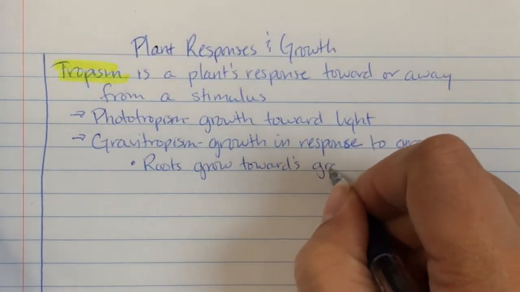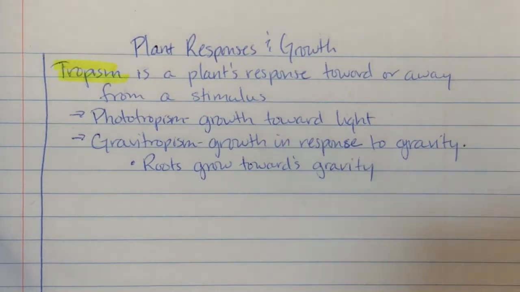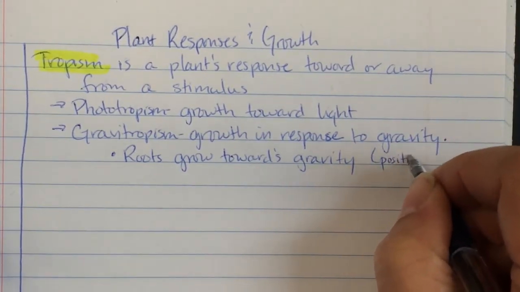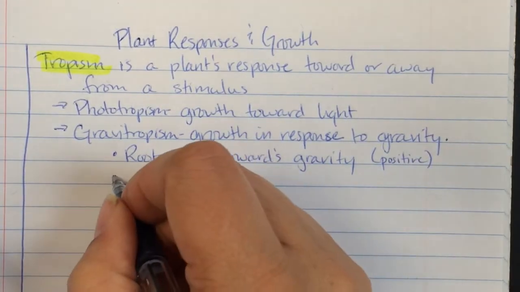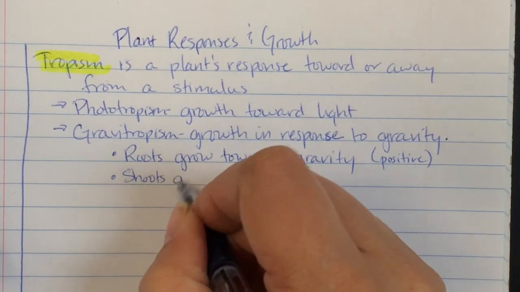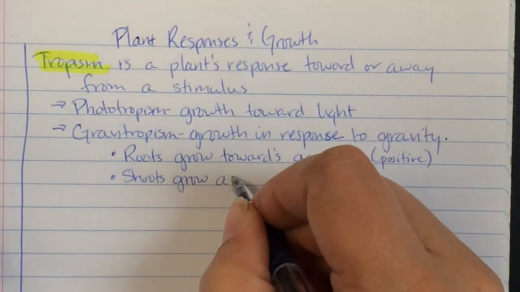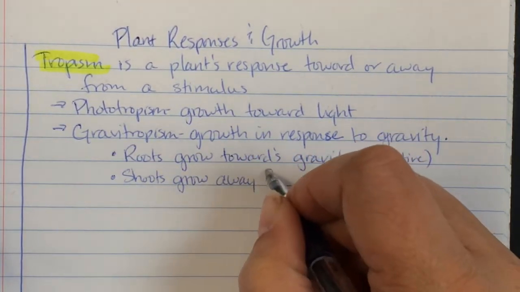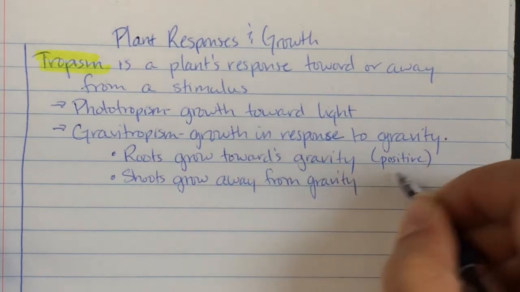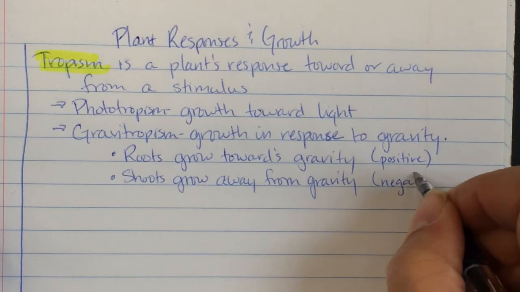Shouldn't be an apostrophe, sorry English teachers. Roots grow towards gravity, and so that's positive. Shoots grow away from gravity. And so that's actually considered a negative tropism.